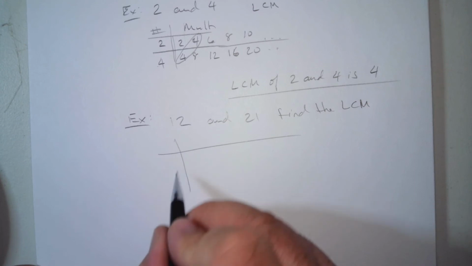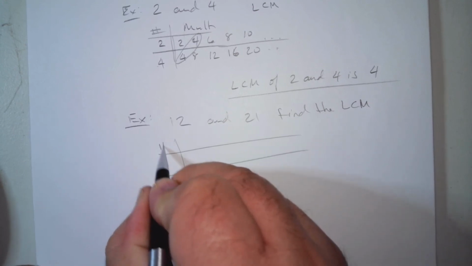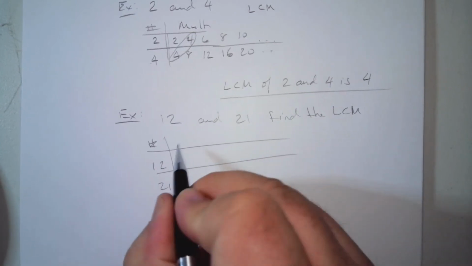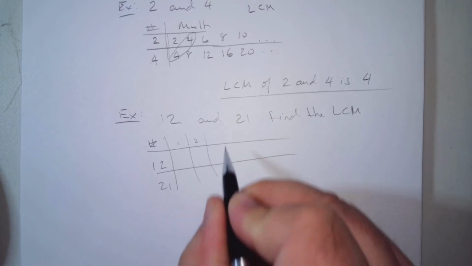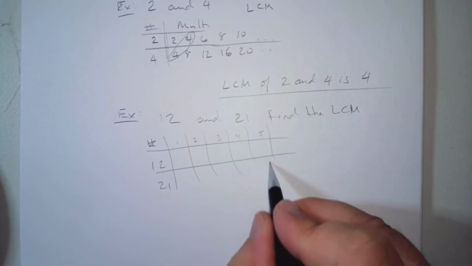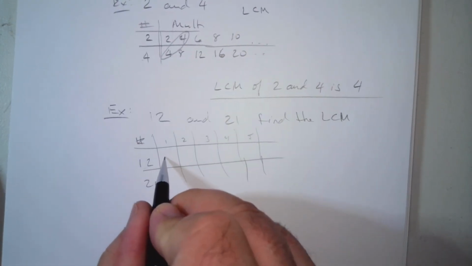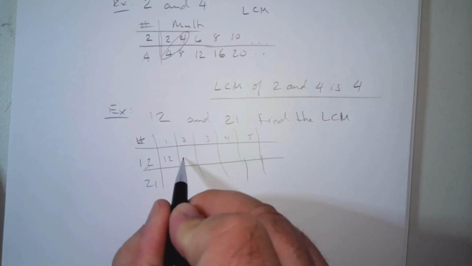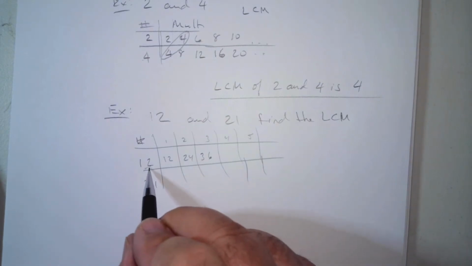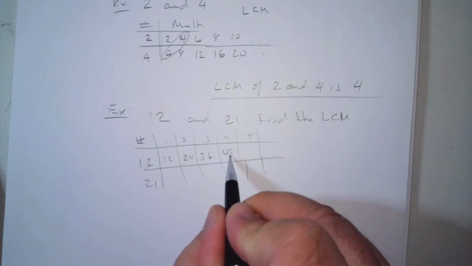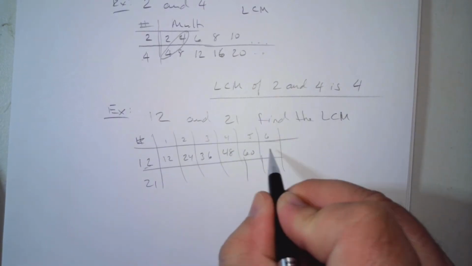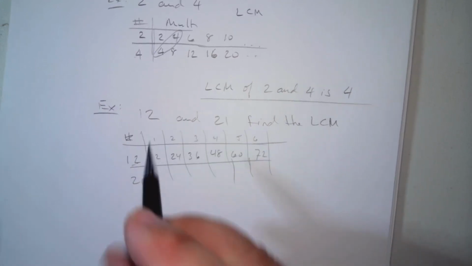Again, we create our list. So this is times 1, times 2, times 3, times 4, times 5, and keep on going. 12 times 1 is 12, 12 times 2 is 24, 36, 60, 72, and if we need to, we'll go further.